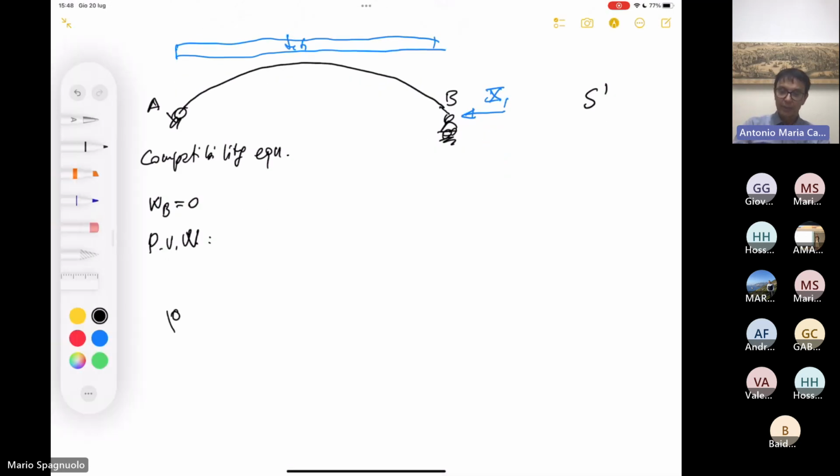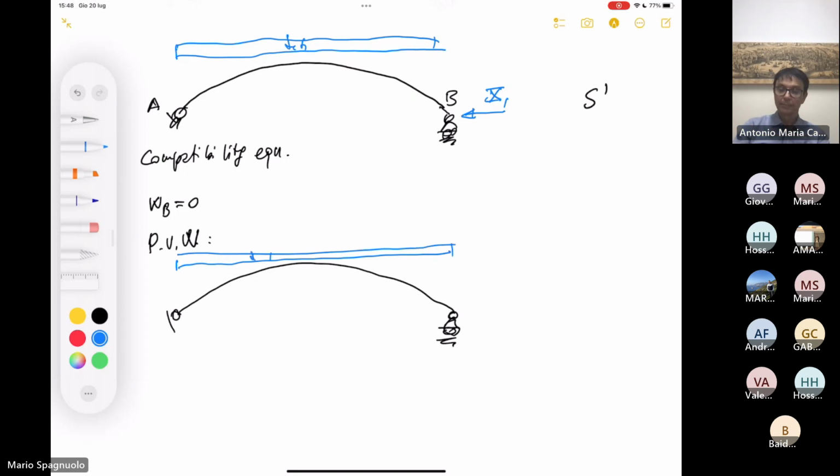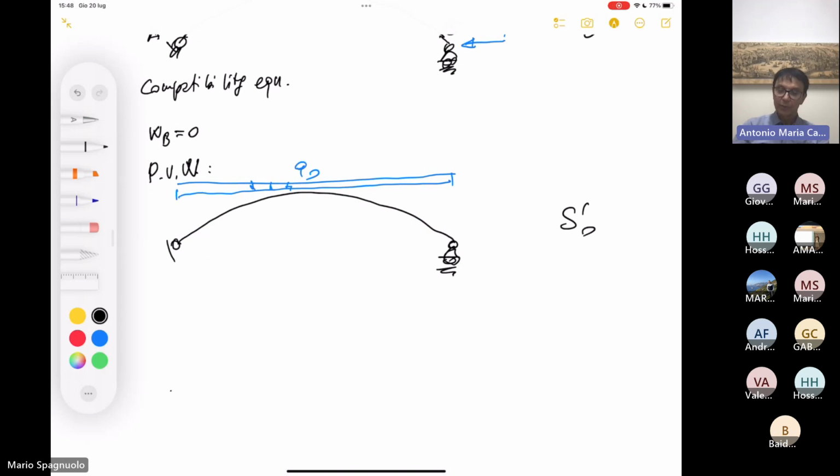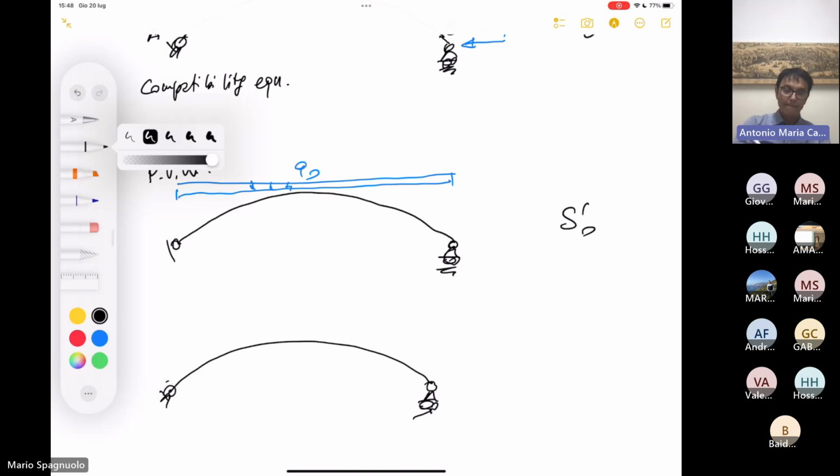So we will have S prime 0, which is subject only to Q0. And this is S prime 0. And then we have S prime 1, which is the arch loaded only by x1 equal to 1.